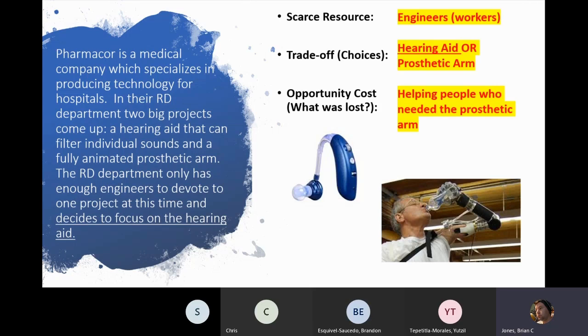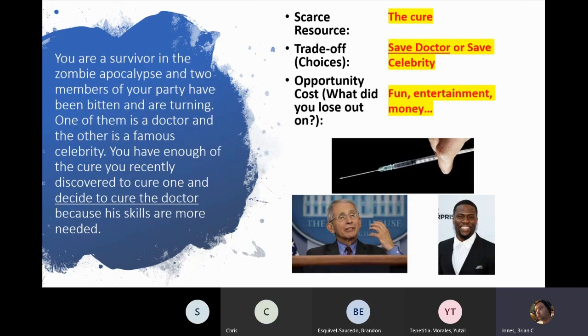So we're missing out. We've lost the opportunity to help people who need that prosthetic arm. So that's the cost. It cost us something that we could have done. All right, moving on.